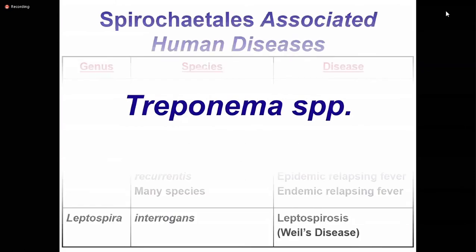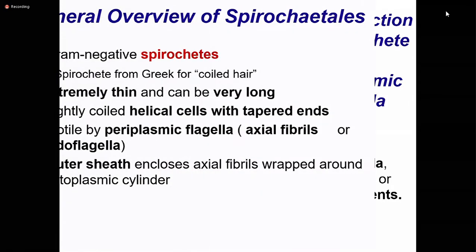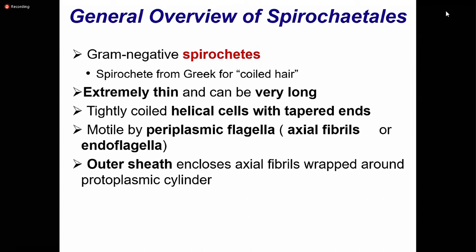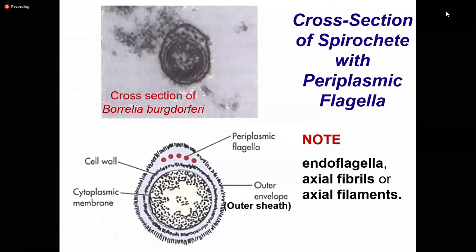So what I'd like you to know from this slide is that spirochetes are gram-negative, extremely thin, and have what you call endoflagella. This is more than enough for me. And there is no culture media, so most likely we do serology. And this is how it looks like, a typical bacterium. However, you cannot culture it in vitro.